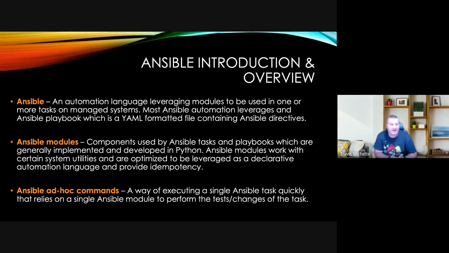So Ansible is our automation language, and we'll be leveraging various Ansible modules and playbooks to remediate anything found by OpenSCAP. So the OpenSCAP project creates the system security guide and the OVAL rules and the content that the systems are going to be checked from.